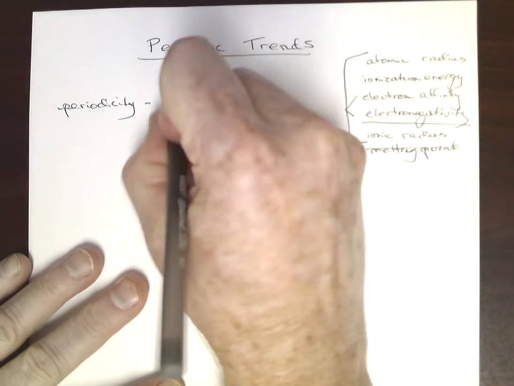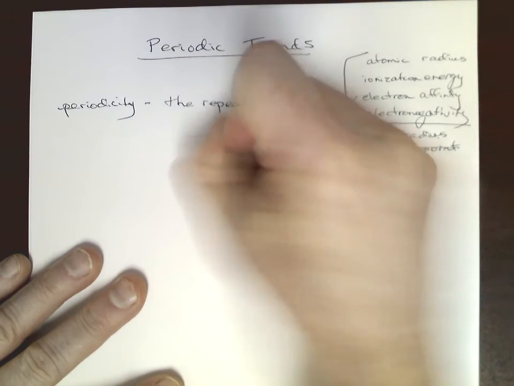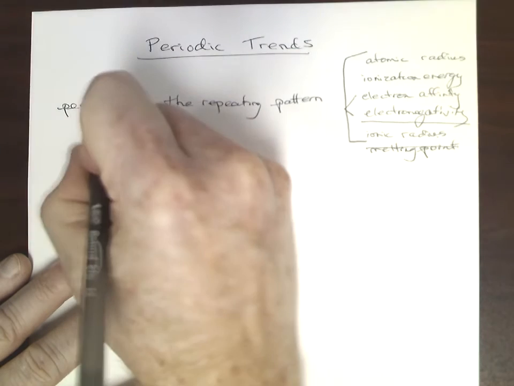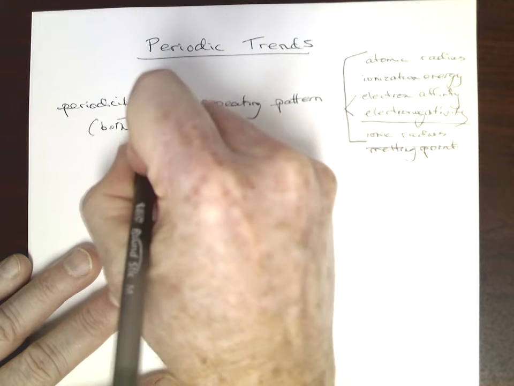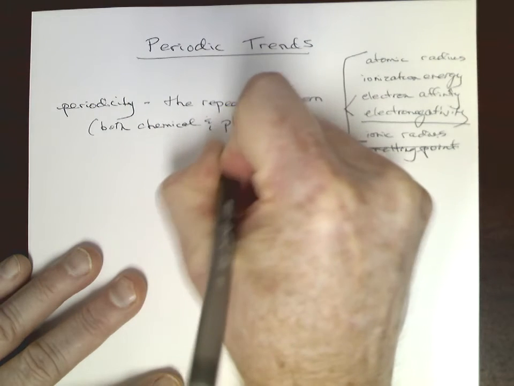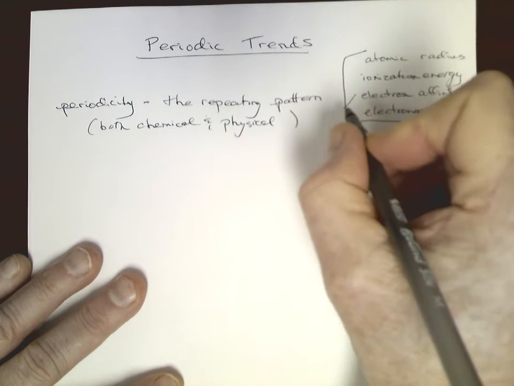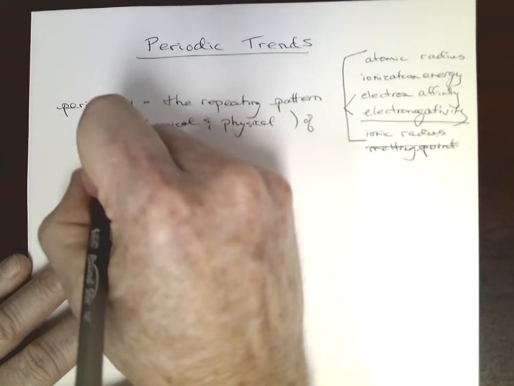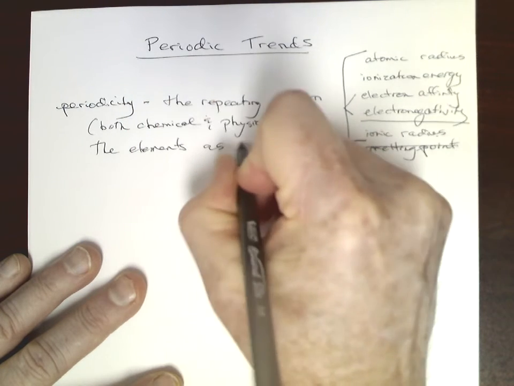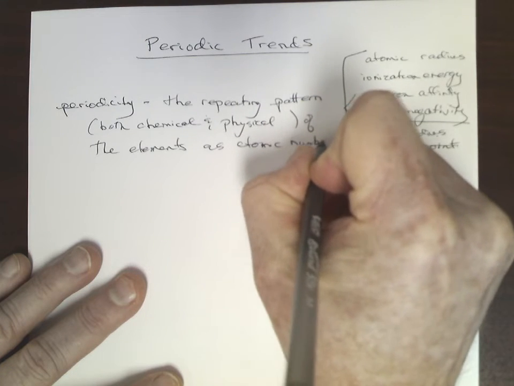So here you go. It's the repeating patterns. This is both chemical and physical, of the elements as atomic number increases.